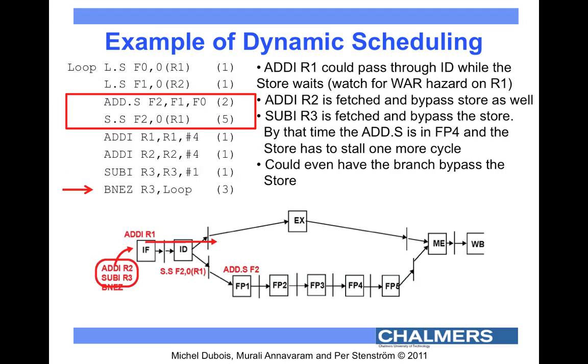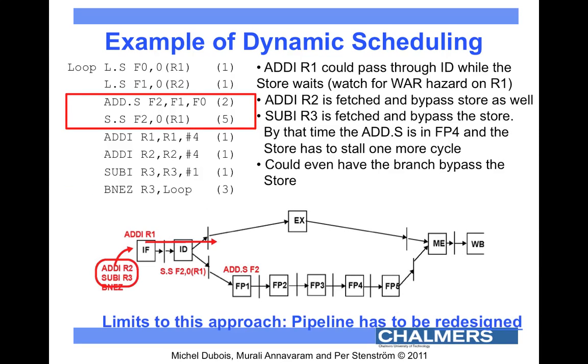And the whole problem is related to the fact that the store instruction will block in the ID stage. So that one we would like to get rid of. Now the problem with the pipeline so far is that it actually sequentializes all instructions through the ID stage, where we read the operands.